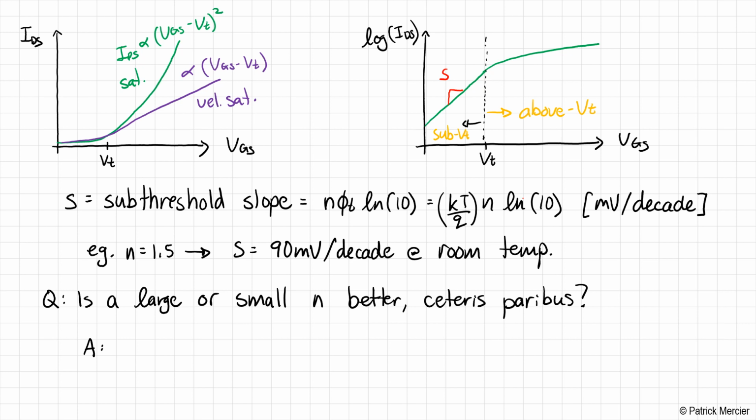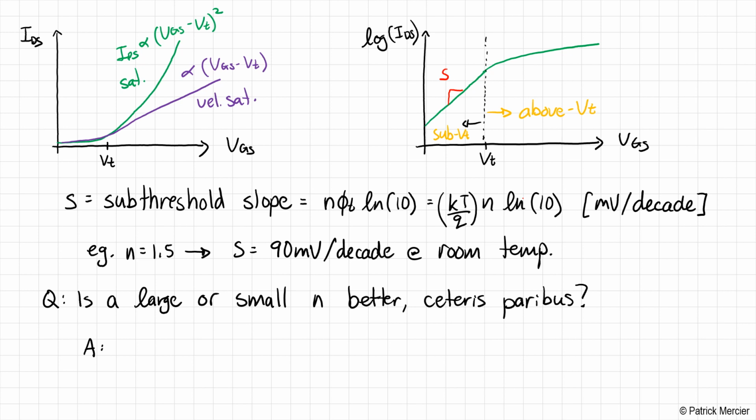Now, if we're building digital logic, it turns out that we tend to want a really steep slope. That means there's a big difference in the on current versus the off current. This is exactly what we want when we're building digital logic gates. So that means we want a steep slope. A steep slope means that S, because it's the reciprocal of the normal slope factor that we're used to seeing, needs to be a small number.